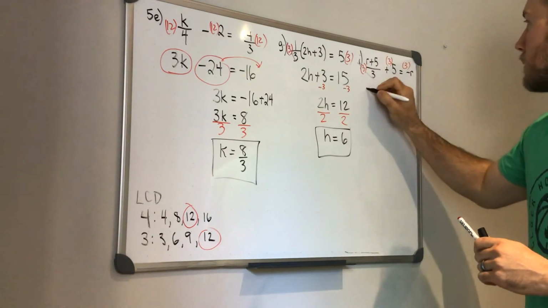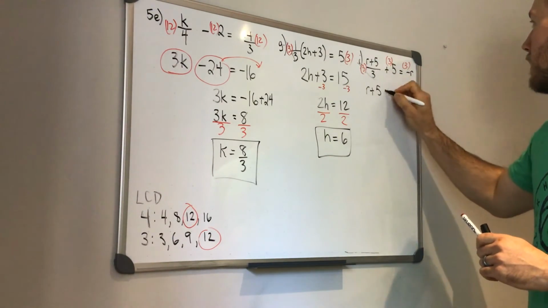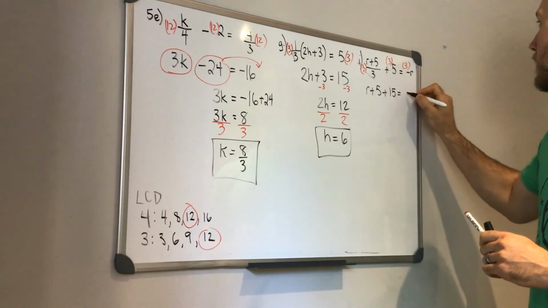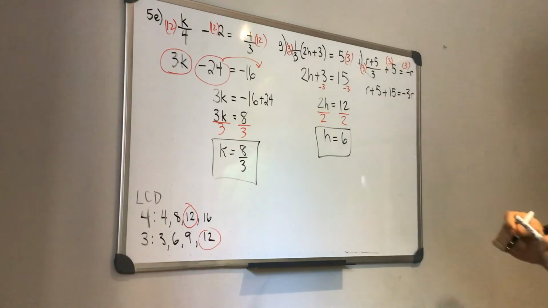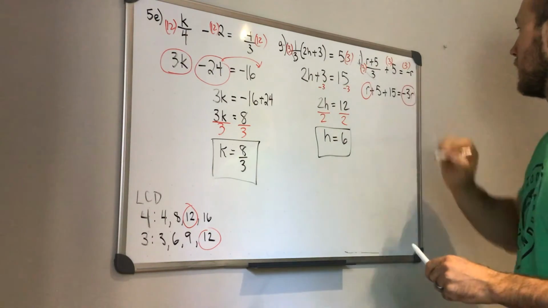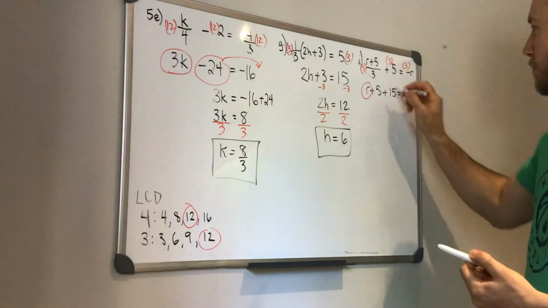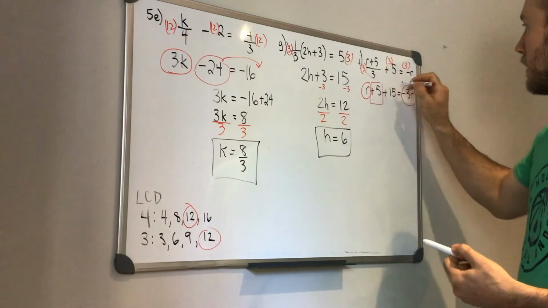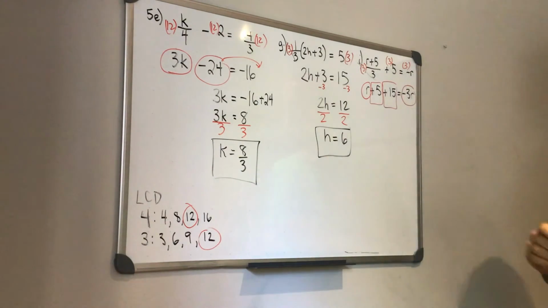Boom, gone. So we have r plus 5 plus 15 is negative 3r. This one's a little trickier because if you look, we've got 2 variable terms that we're going to have to put together, and we have 2 constant terms we're going to have to put together.